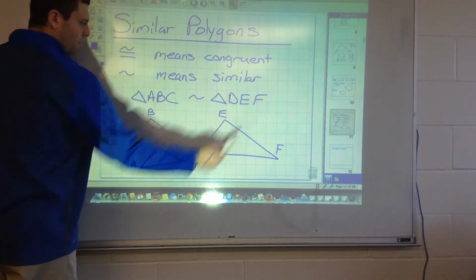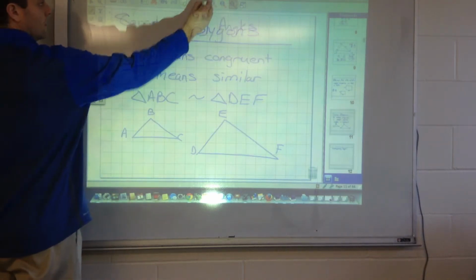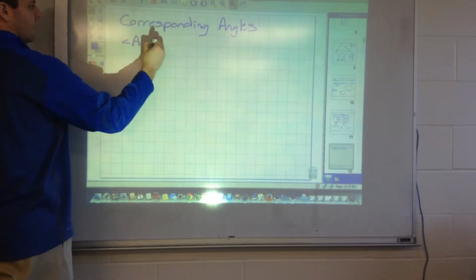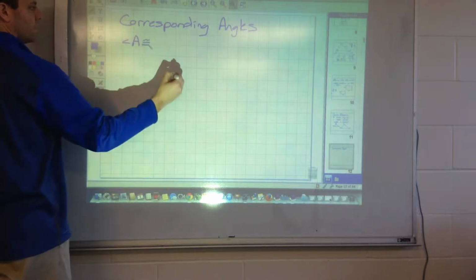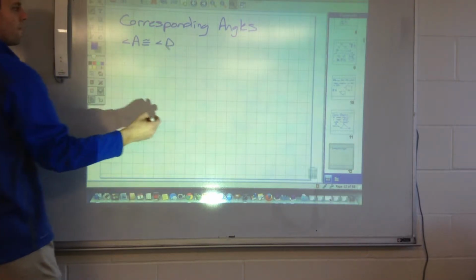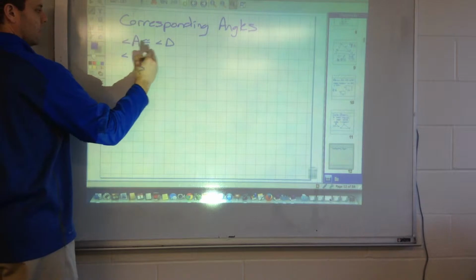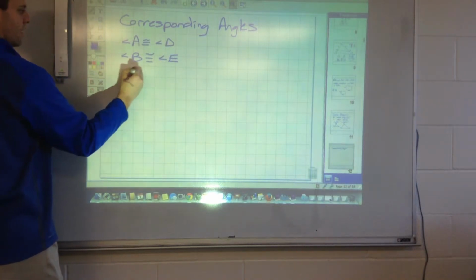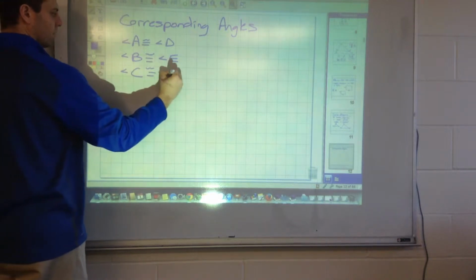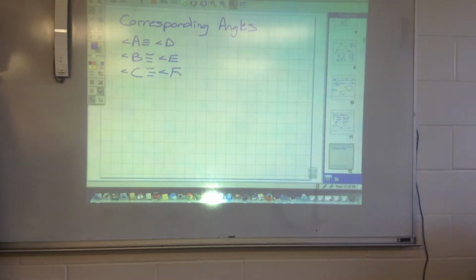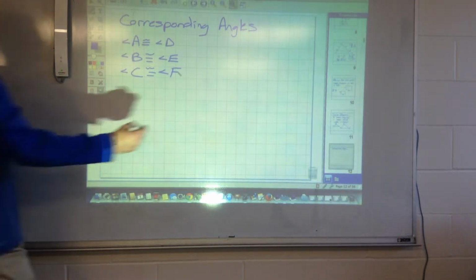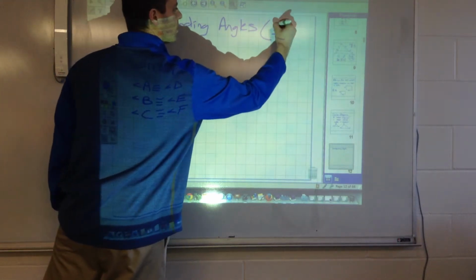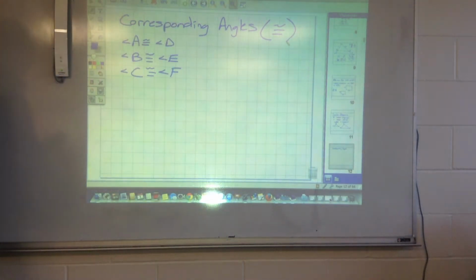You can tell by the order they write the letters. Angle A is congruent to angle D. Angle B is congruent to angle E, and angle C is congruent to angle F. Right? So corresponding angles are always congruent to one another.